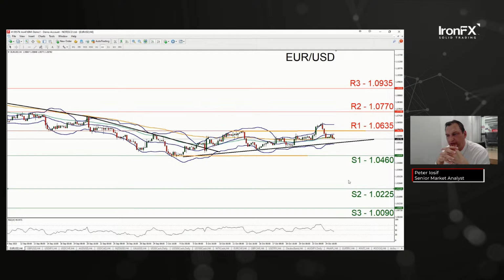And I have to note here that the main element, or the two main elements which I would be highlighting here, was, A, that we had another contraction of economic activity throughout the Eurozone. And at this point, it would be interesting to note that we had also Germany's services PMI figure dropping decisively below 50, implying a contraction of economic activity also in the services sector.